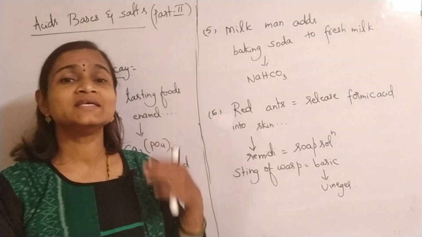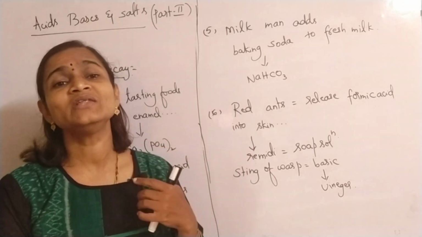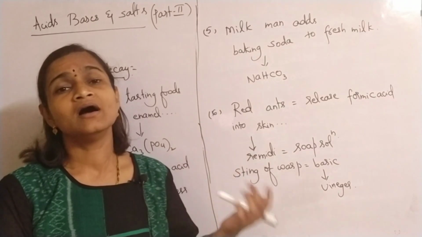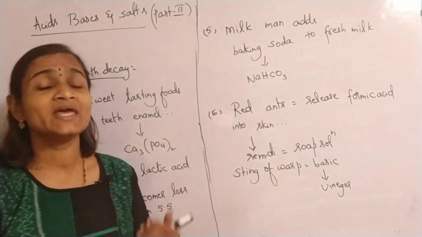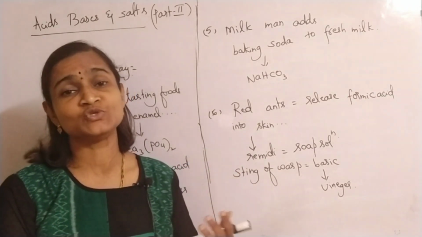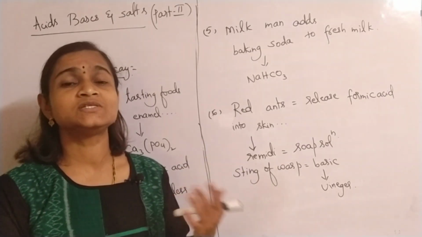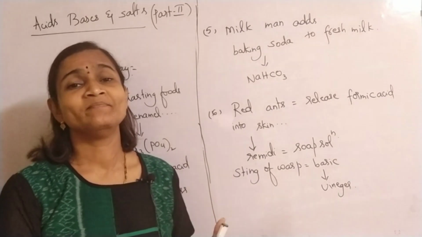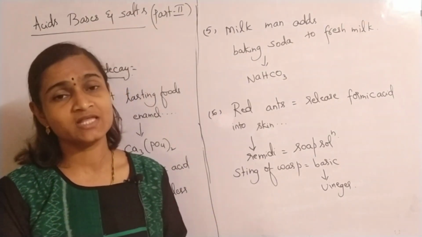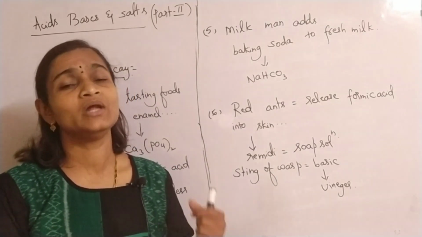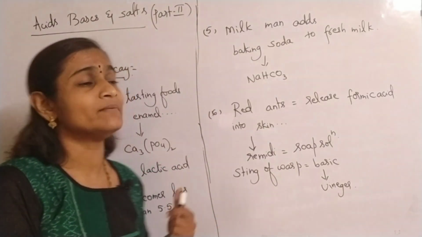So based on the pH value which suits our skin, we have to choose that particular cosmetic substance. Making of cosmetics, pharmaceuticals and medicines are all based on the concept of pH only. That's why the concept of pH or neutralization is very important to learn in our daily life.